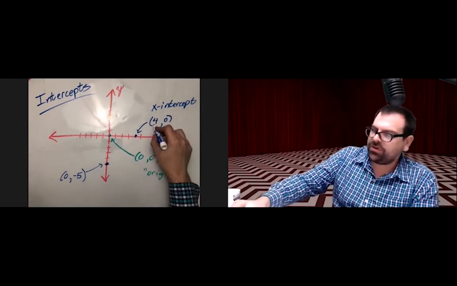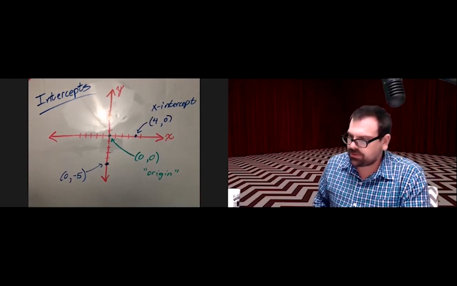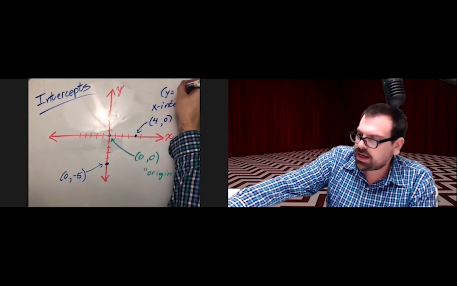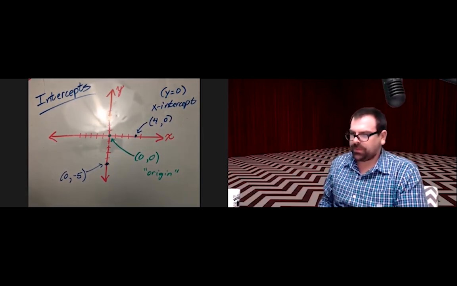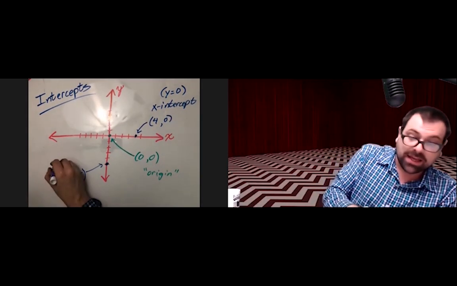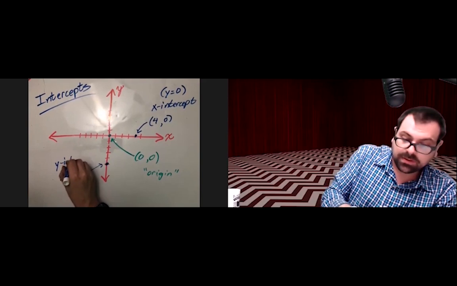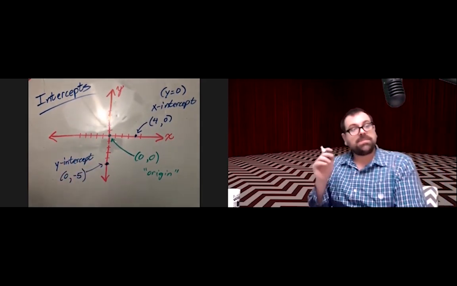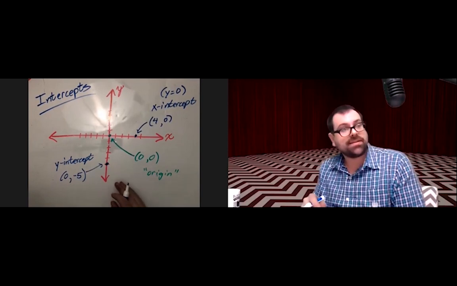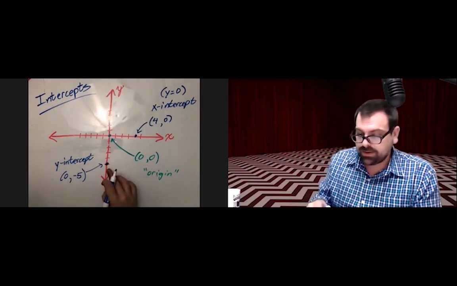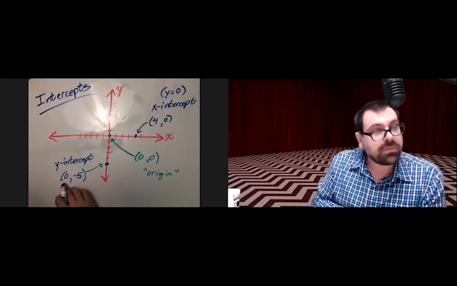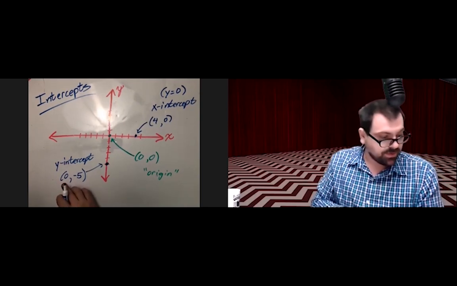It has a number for x, but a y of 0. So an x-intercept has a y of 0. A y-intercept intercepts the y-axis. It is on the y. It has a number for y, but an x of 0.